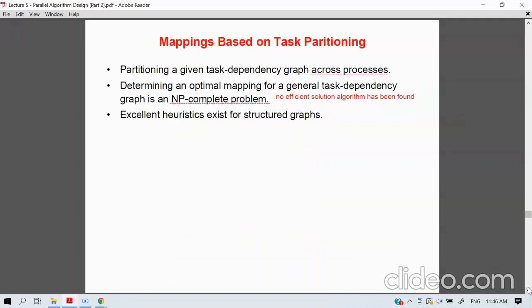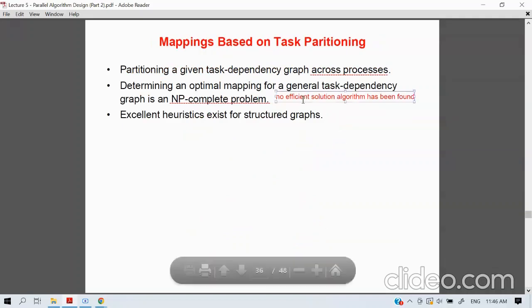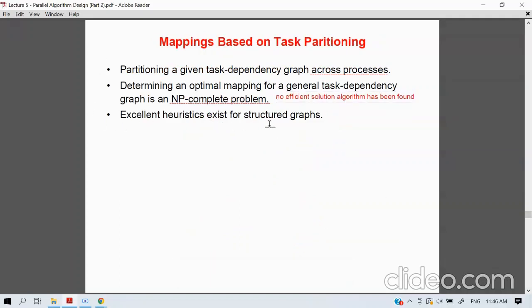Okay, next one. So mapping based on task partitioning yang graph tadi tu. Okay. Partitioning a given task dependency graph across processes. Dia tengok dekat task dependency graph. We need to create the task dependency graph, then we can do the mapping. So determining an optimal mapping for a general task dependency graph is an NP-complete problem. Sometimes we cannot solve this issue of mapping lah, because we do not know how complex the data or the task is.